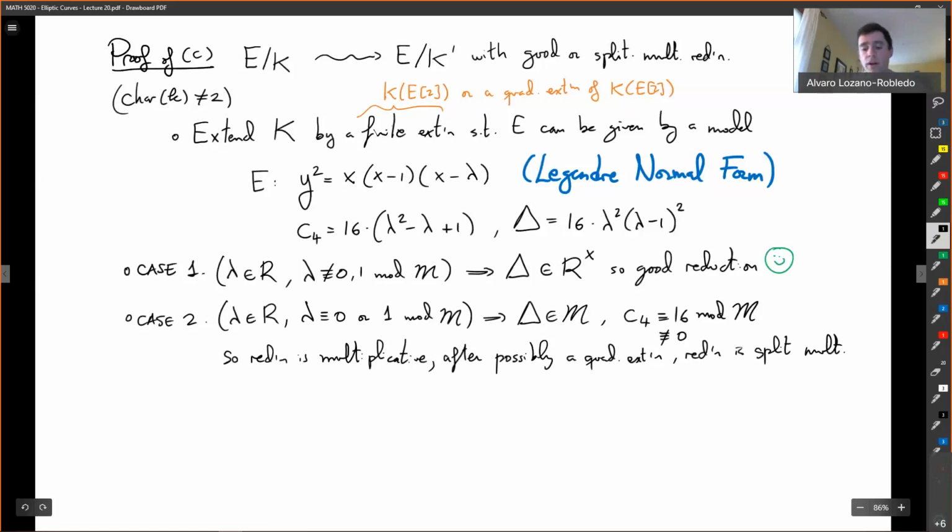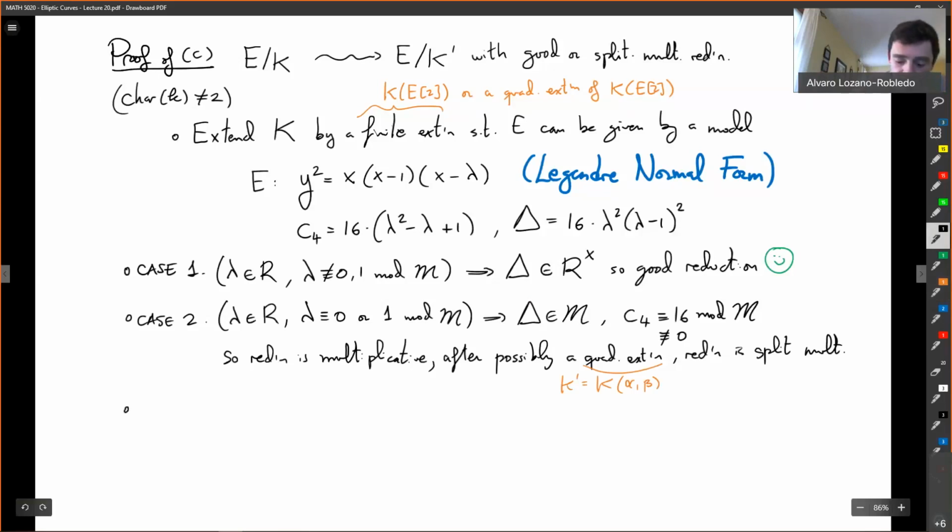I just need to adjoin to K the roots alpha, beta. If you adjoin one, you actually have adjoined both, but in any case, you adjoin those slopes, and that's a quadratic extension. Okay, and we are at split multiplicative, so that's good.